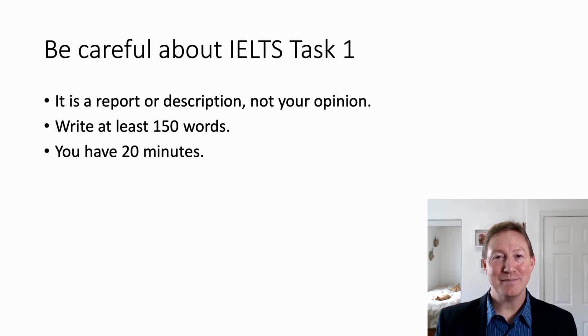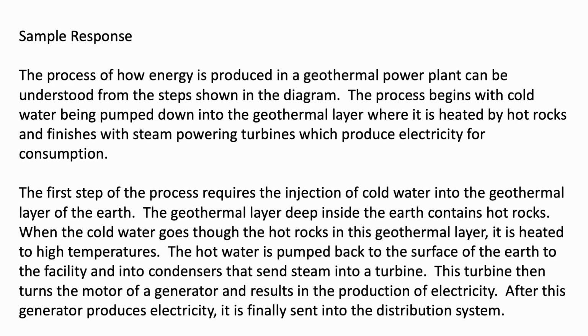So let's look at a sample response to this. The process of how energy is produced in a geothermal power plant can be understood from the steps shown in the diagram. The process begins with cold water being pumped down into the geothermal layer, where it is heated by hot rocks, and finishes with steam powering turbines which produce electricity for consumption.